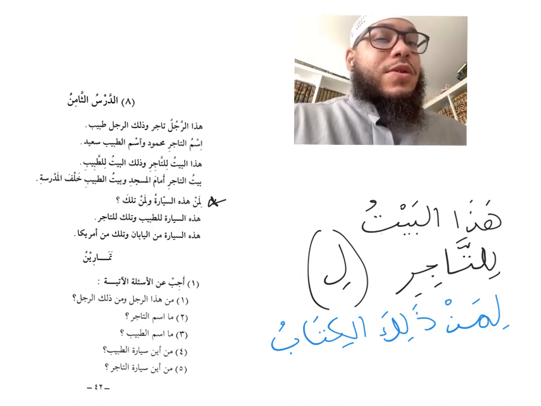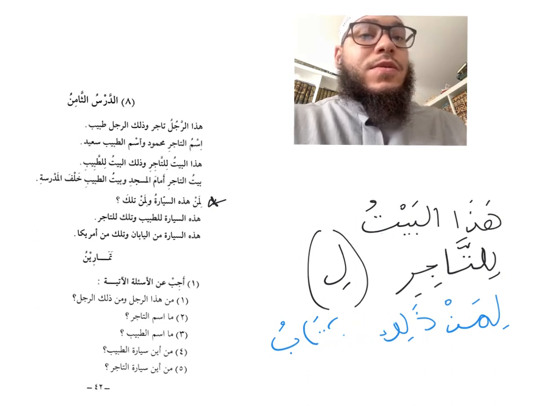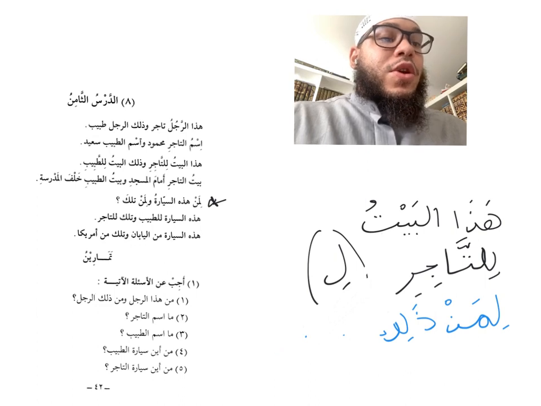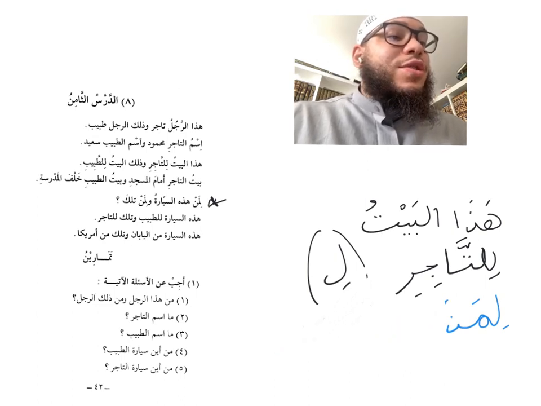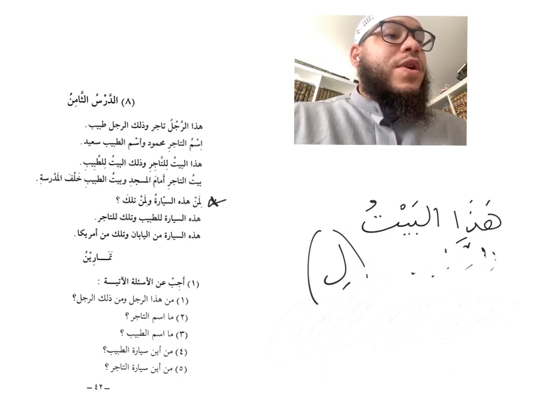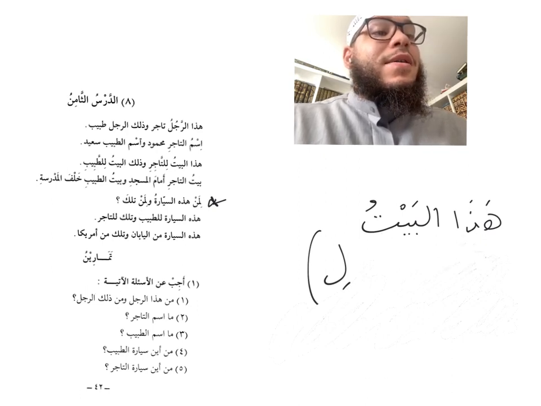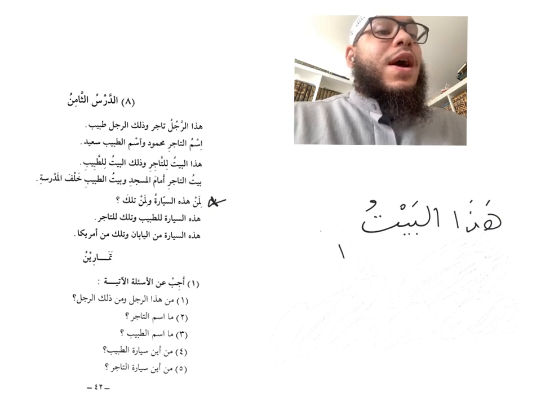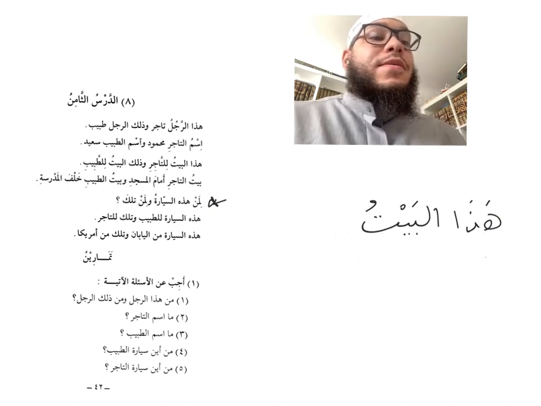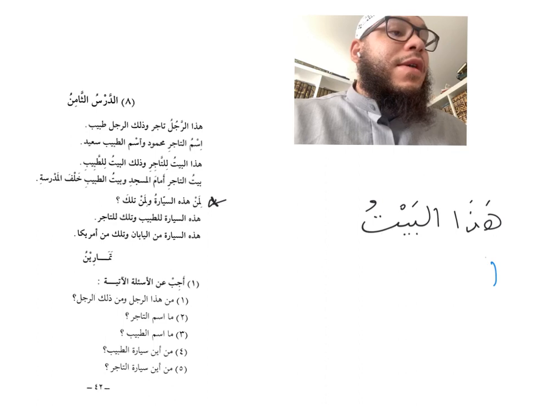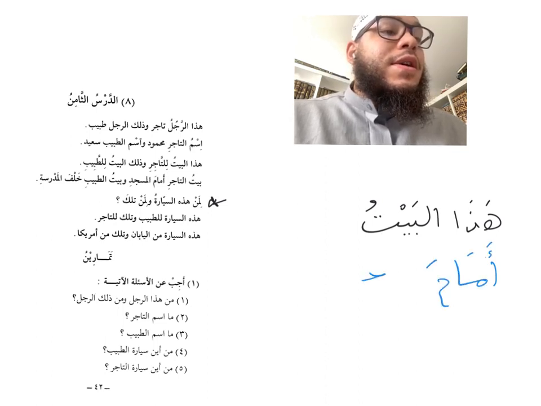So let me quickly rub this out also and show you another rule that we have in this lesson. Because even though it's a short passage, there's quite a few rules that are beneficial that will take our Arabic to the next level. Okay, so the next thing that we have is amama and khalfa.